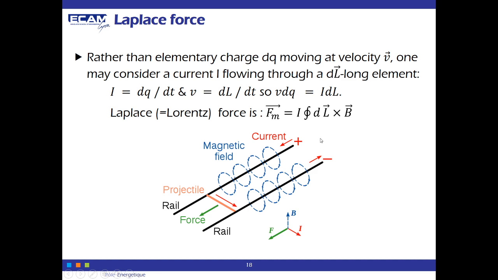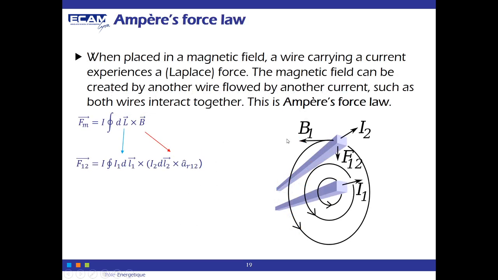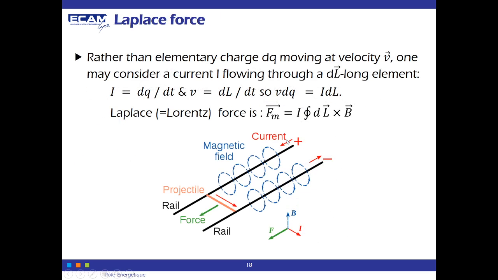Again, we may set the relation between the current direction, the field direction and the resulting magnetic force by using the right hand rule once again. You don't have to predefine any of your fingers, I mean the first three fingers from the thumb.